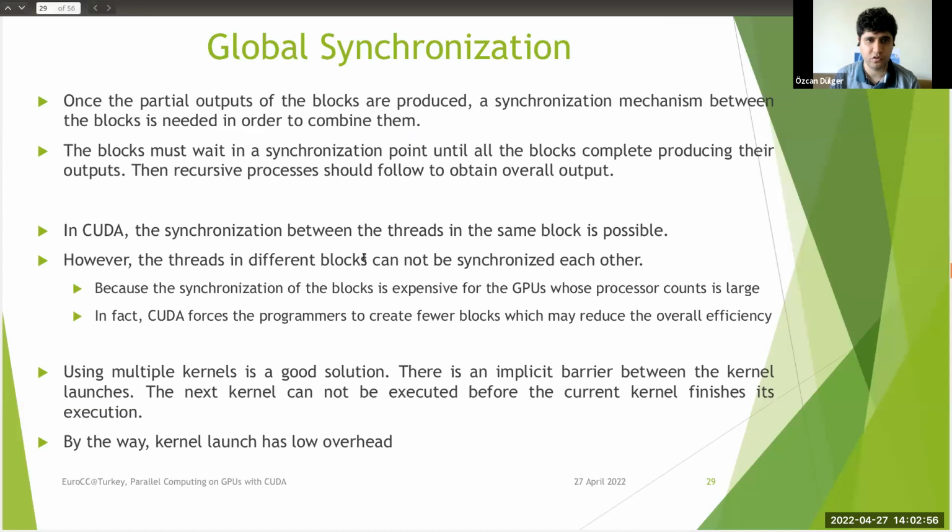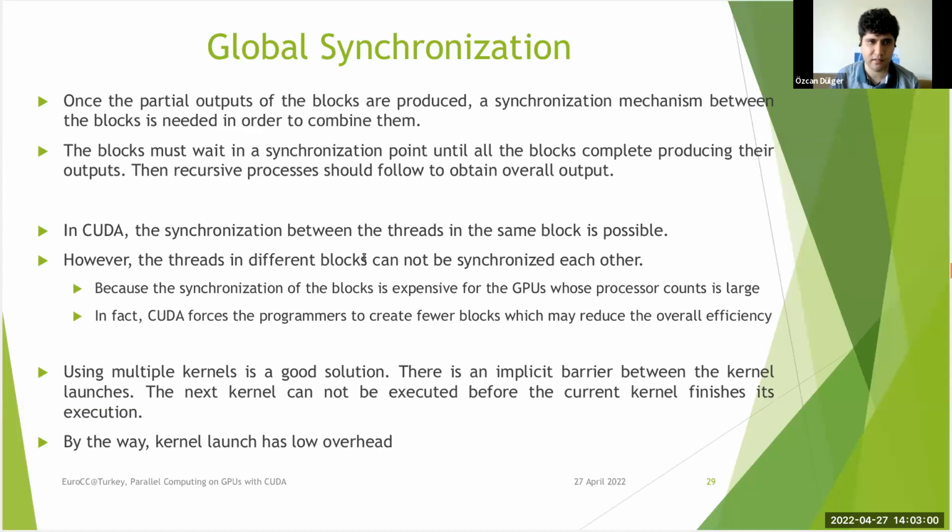In order to combine the outputs of blocks, we need a synchronization mechanism between the blocks. So when a block completes reduction, it needs to wait for the remaining ones to complete their reductions and obtain their outputs. Then we need to combine them.